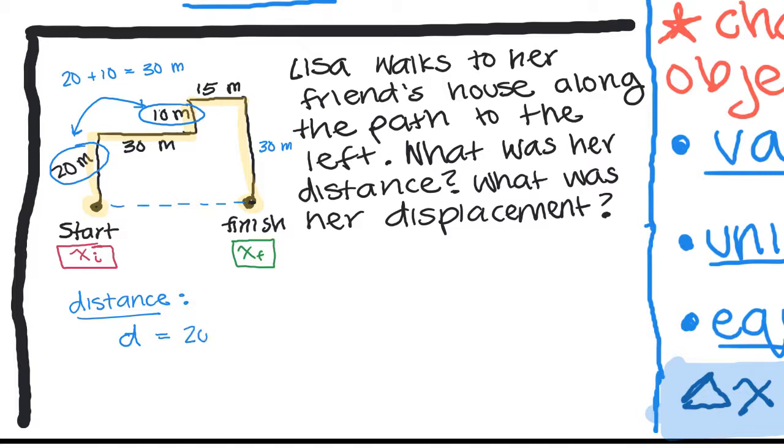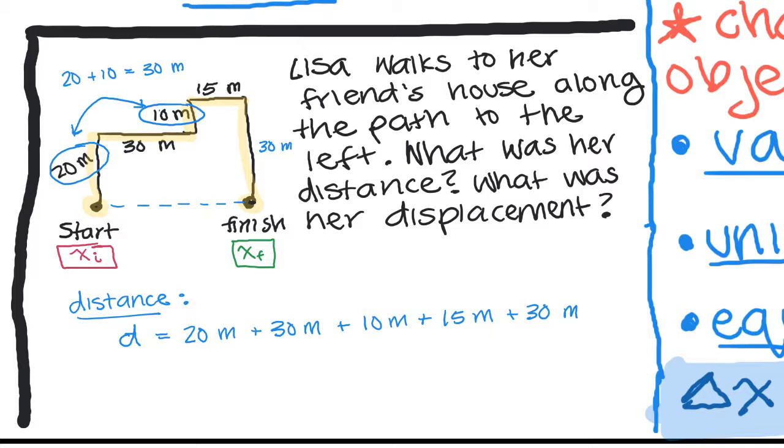So she starts off 20 meters walking north. Then she walks 30 meters east. Then she walks another 10 meters north. Then she walks 15 meters east again. And finally, we just calculated that she walks another 30 meters south to get to her final position.